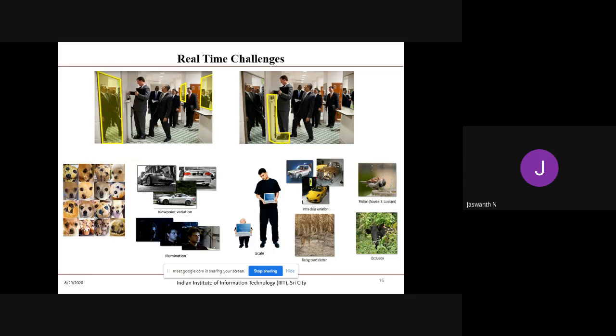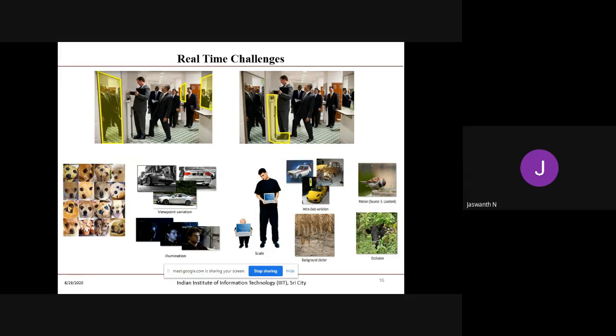So these kinds of problems need to be addressed, where you can actually increase the amount of augmentation of your spatial samples, and make sure that during the training process all these kinds of variants are shown to your model for better training and understanding. Similar other challenges include viewpoint variation, illumination, scaling, intra-class variation, motion detection, background cluttering, and occlusion.